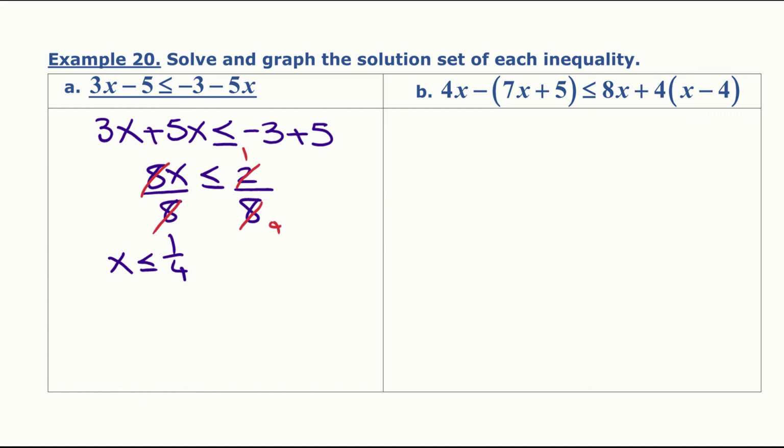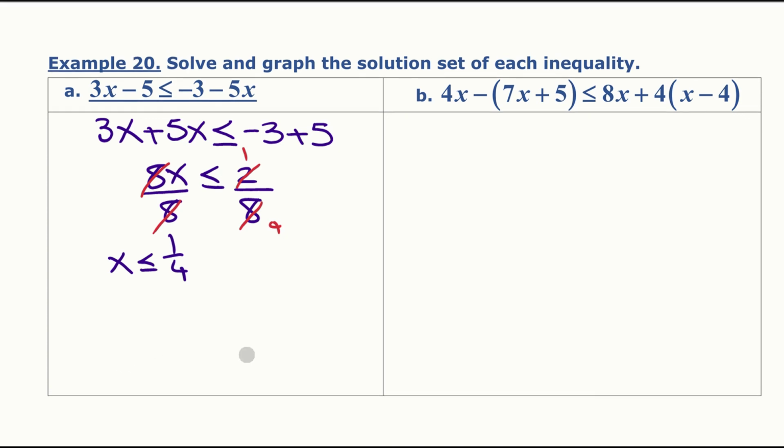In order to write the set of this problem, the easiest thing to do for any solution set, once you've solved the inequality, is draw the graph first. So you can see here we're going to have 1/4 and a full circle there, and then less than or equal to means arrow to the left, right?